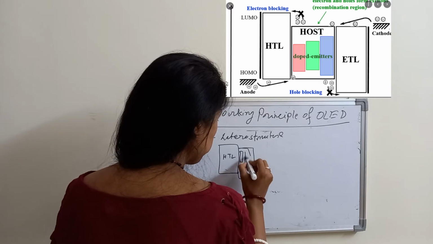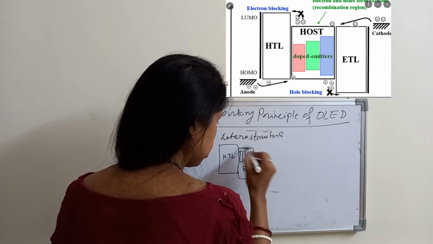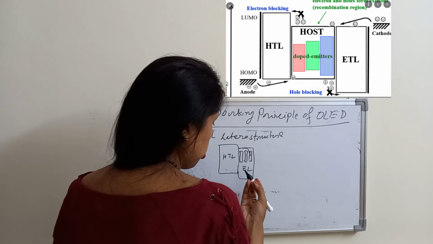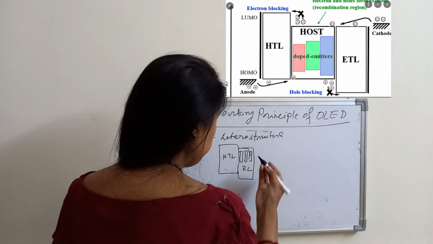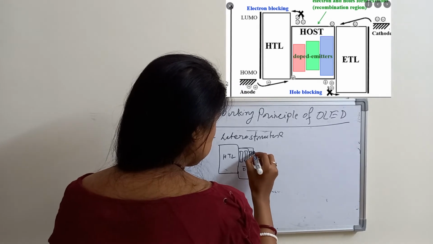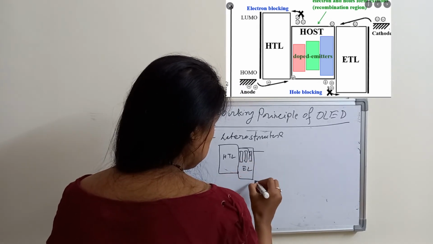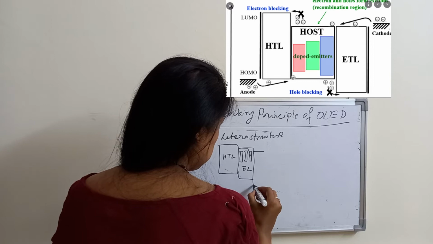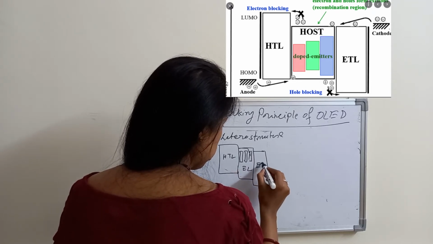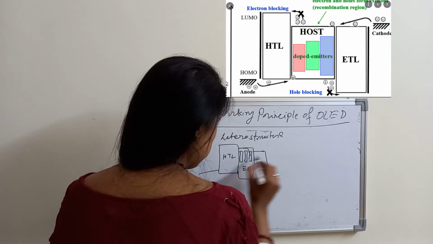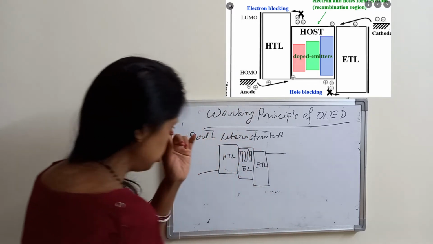You can use multiple semiconductors in this emission layer, depending on the color of the OLED. And here is the electron transport layer. I have already explained this thing.